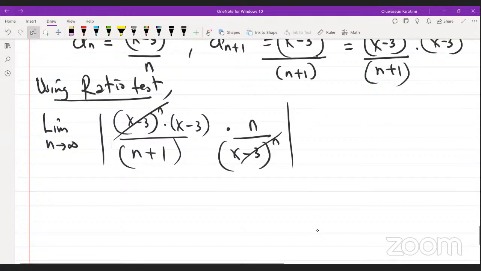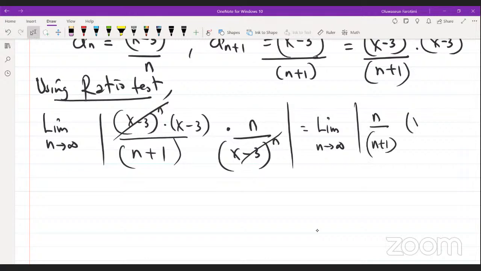Interesting. So what else can I see from there? I have the limit as n goes large of n divided by n plus 1, and then you do have an x minus 3. But n divided by n plus 1 is positive. How do I know that? The series is being indexed from n equals 1, so that's a positive number.